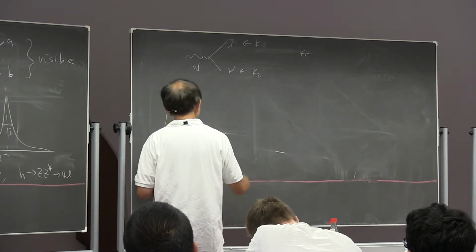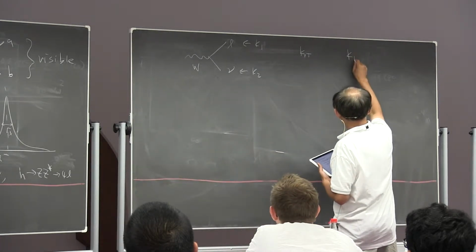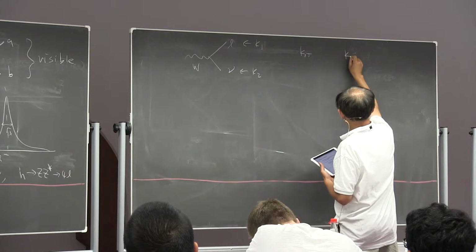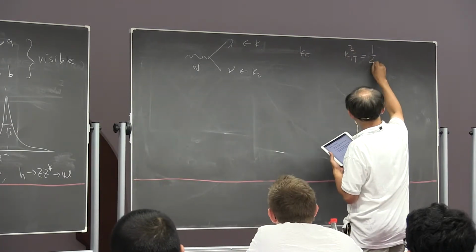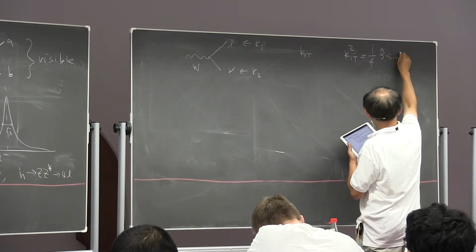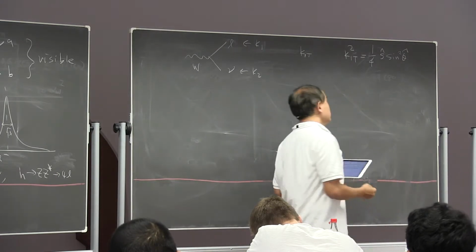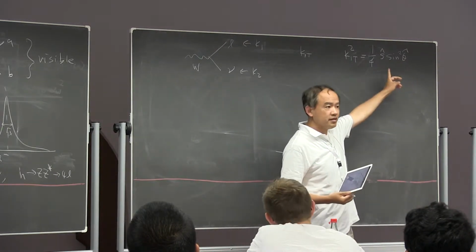Let me just write a couple steps. So K1T square is 1/4. Again, all these guys have hats, so these are in the parton center of mass frame.